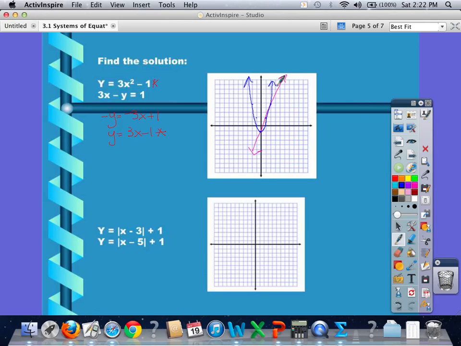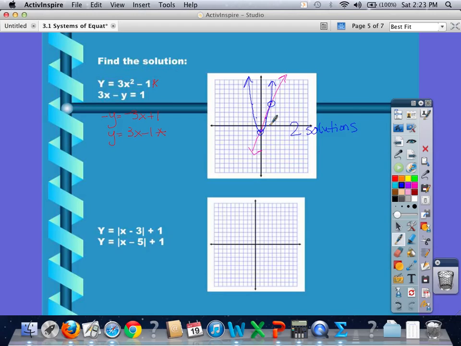Okay? So if we graph that, we know it's going to intersect right here. And it looks like we're going to intersect that right here. That would be a two-solution. Okay? If I graph that appropriately, it looks kind of funky like this. But it should be two solutions.